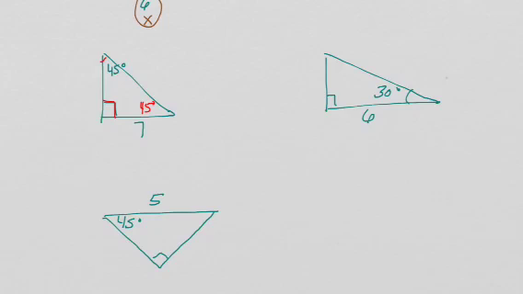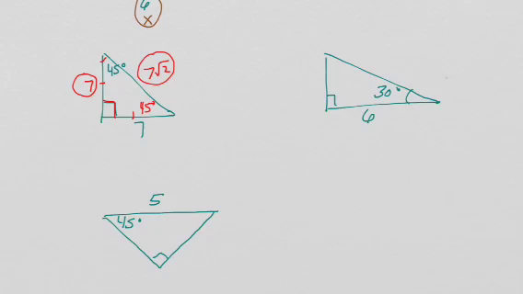One of the legs is 7. That means that the other leg is also 7. The two legs in a 45-45-90 triangle are congruent. And the hypotenuse must be 7 square root 2. And that's, again, from the formula. We don't have to do any calculation here.